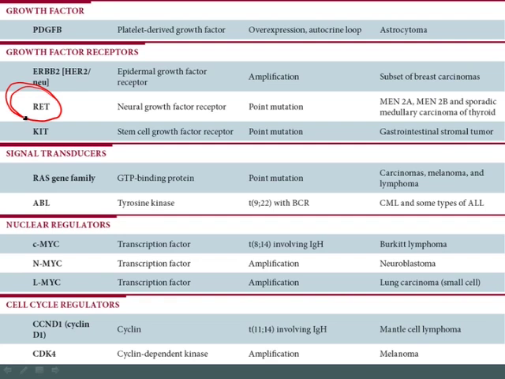Now, this is a very high-yield association because if you suspect MEN2A or 2B in a patient, let's say a patient has some of the other features of MEN2A or 2B, like pheochromocytoma and, I don't know, mucosal neuromas, as would be seen in MEN2B, then in those patients in whom you suspect MEN, you can do RET studies.